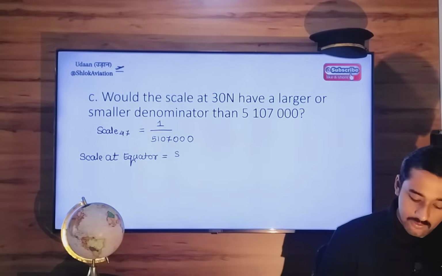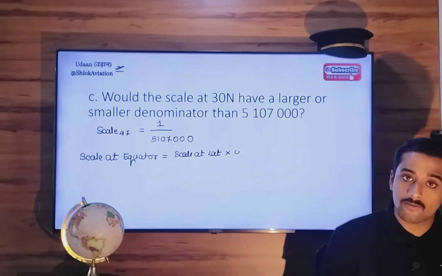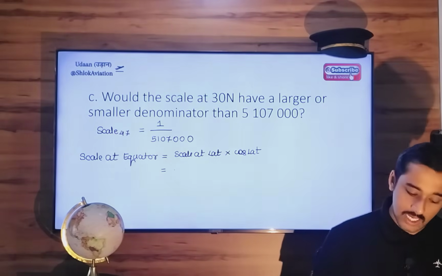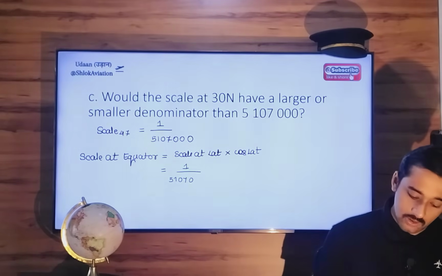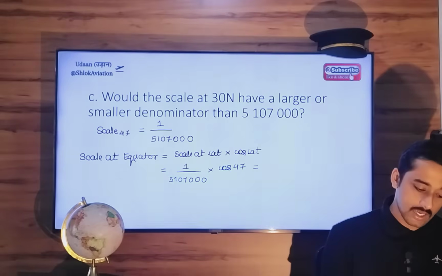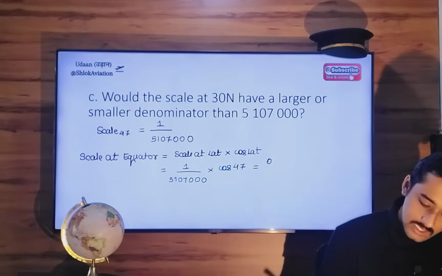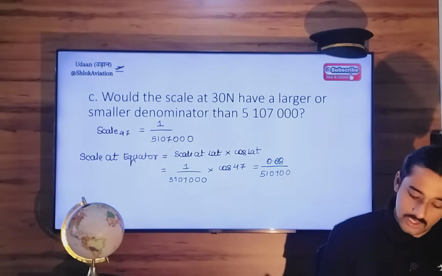Scale at equator will be equal to scale at particular latitude into cos of that latitude. So over here, scale at equator will be equal to scale at 47 degree latitude, which is 1 divided by 5107,000 into cos of that latitude, cos of 47. Now cos 47 is 0.68. So 0.68 divided by 5107,000.